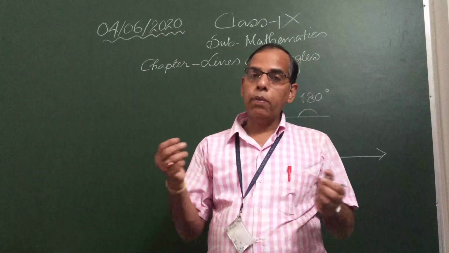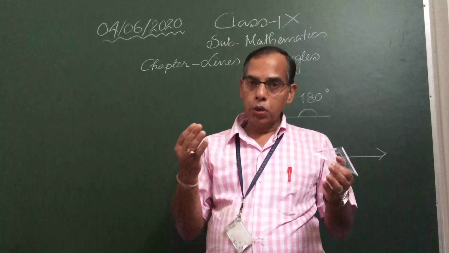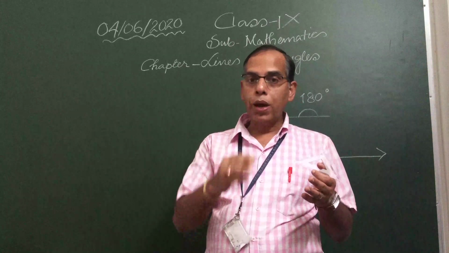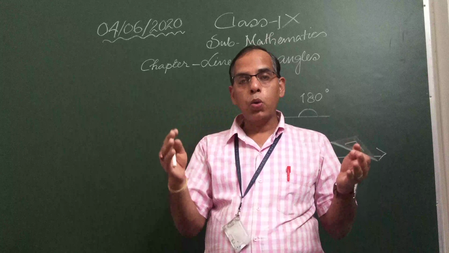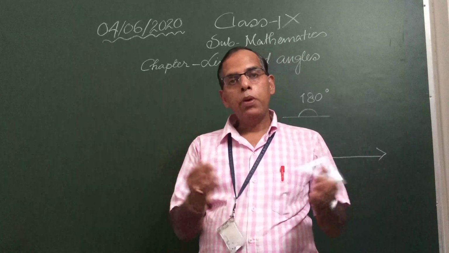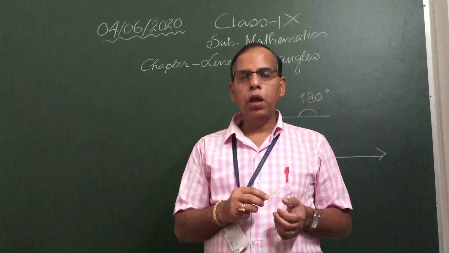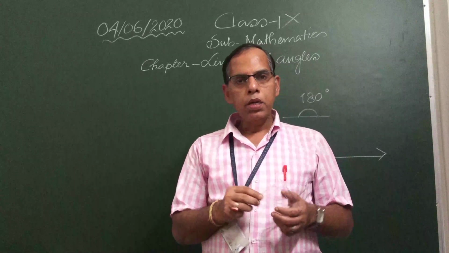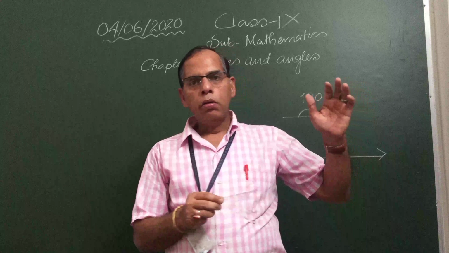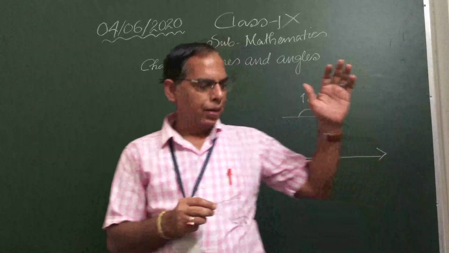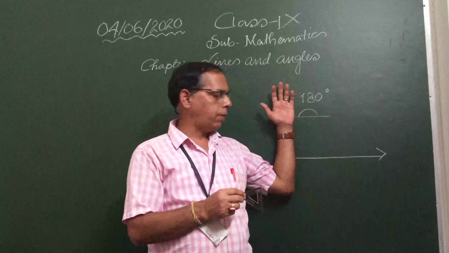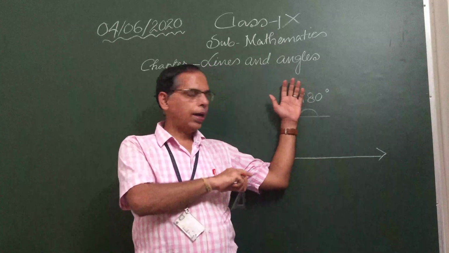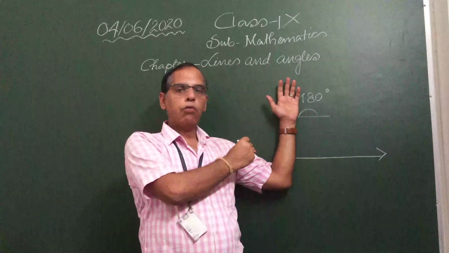And also, whenever we draw something, construct something, draw a house, everywhere angles will be needed. Without angles, it is not possible. Suppose I am showing this hand. If I show this hand this way, is there any angle formed? Yes, this is the angle formed.